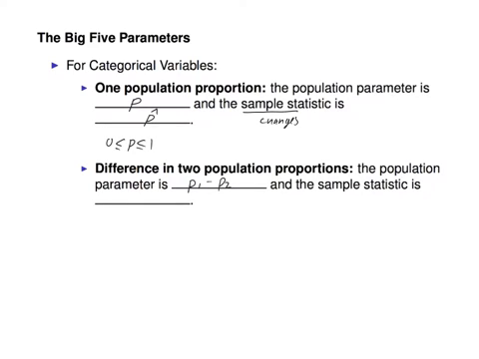And the notation for the sample statistic, what do you think it is? P1 hat minus P2 hat. So for example, suppose that P1 was the proportion of men who pass Stat 200, and suppose P2 was the proportion of women.